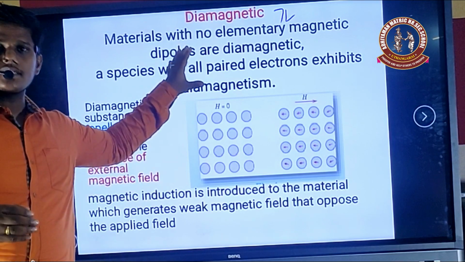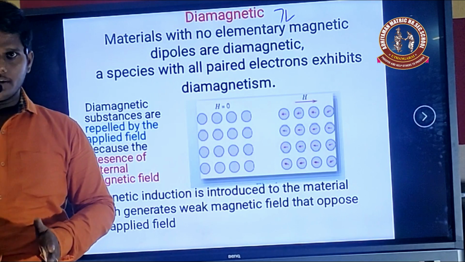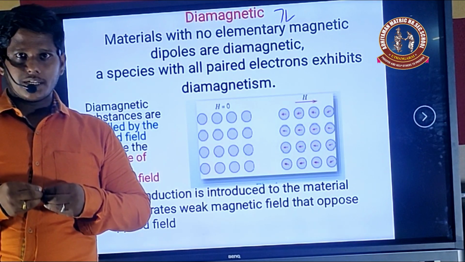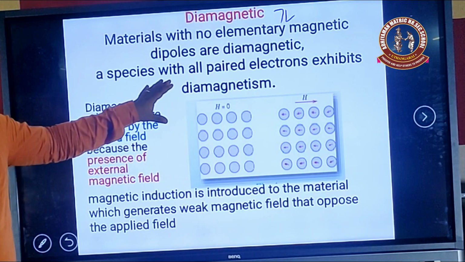That means when this kind of material is placed in a magnetic field, the substance repels the magnetic field. So it is called diamagnetism.